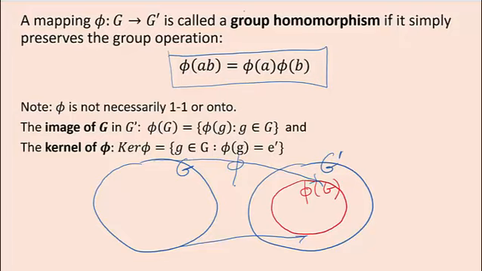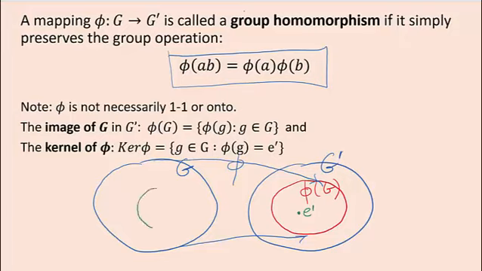Now the other definition that we need, because phi is not one-to-one, is that there may be, we know that E prime is in here, because phi of E will be E prime, just as it was in the isomorphism. But not only E will map to E prime, maybe, but maybe not.